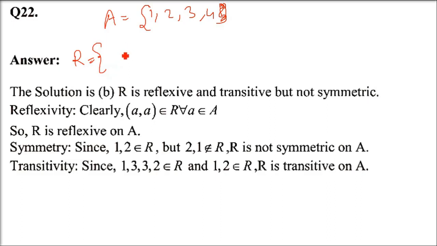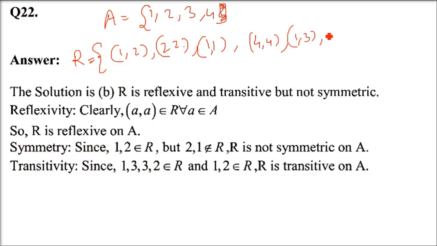This is the best handwriting in the world, I can assure you that. Okay, this is A equals {1, 2, 3, 4}, and this is the relation.